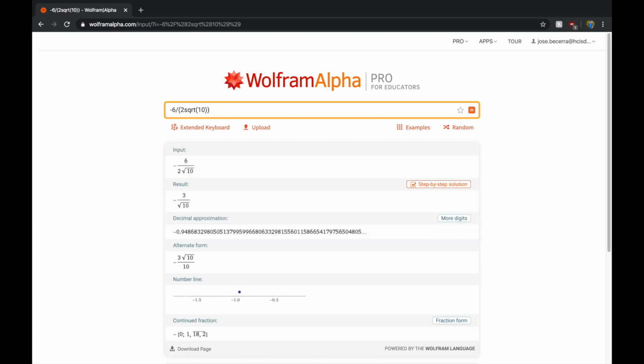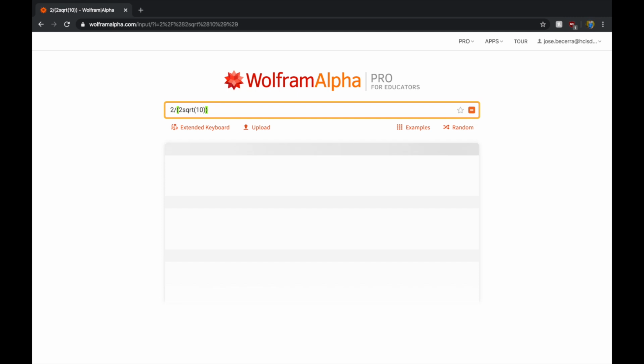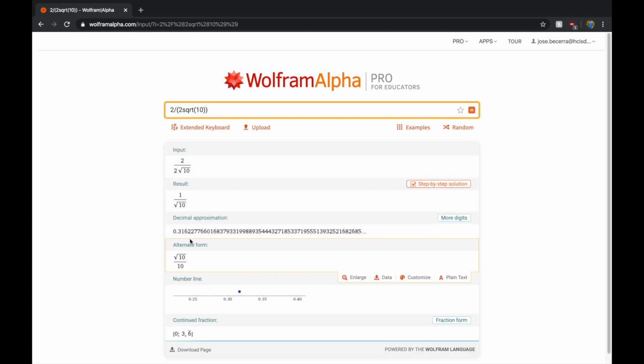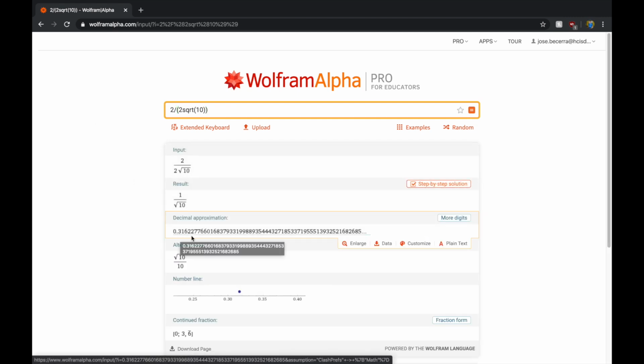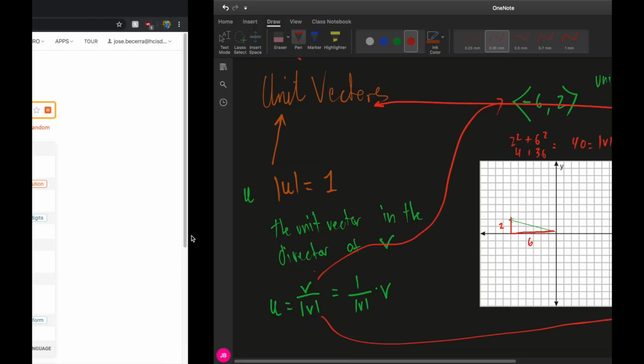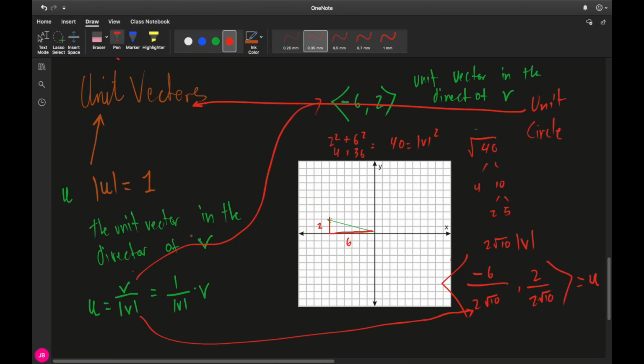Our decimal approximation is negative 0.948. And then we can also say 2 divided by that, same. And the decimal approximation is 0.316. So negative 0.95 and 0.32 is going to be the unit vector. So if we go ahead and draw that, we're going to erase this right here.